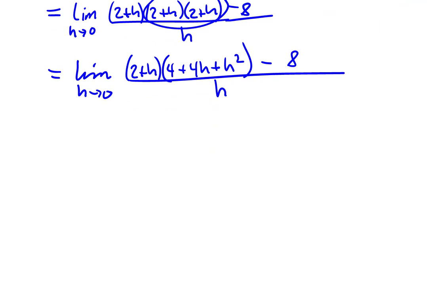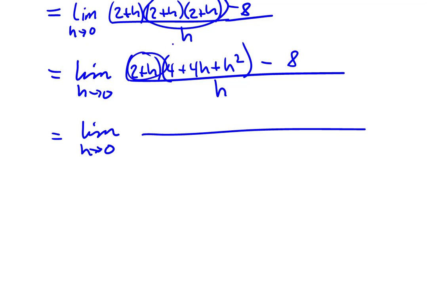Okay, so algebraically we'll keep going. I'm going to rewrite this again. We have the limit as h approaches 0 of, now in this numerator, I'm going to distribute this first binomial, 2 plus h, into this new trinomial we got in the previous step. So I'm going to distribute the 2 to everything and then the h to everything. Okay, it's just ugly. Just kind of hold your nose, take an algebra pill, and go for it here.